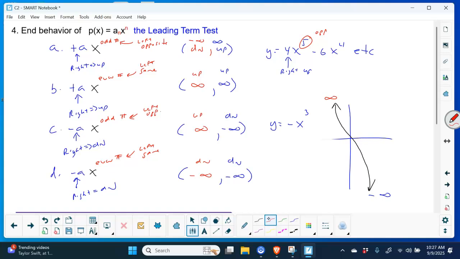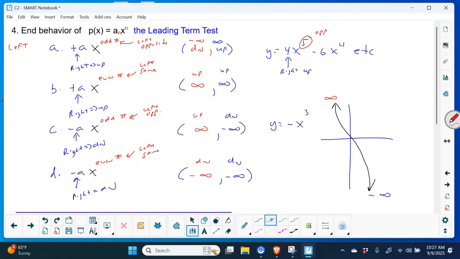Okay? Now, let me just mention your book is going to use limit notation. They're not going to say left and they're not going to say right. So let me just be clear. Here's how they would say left.